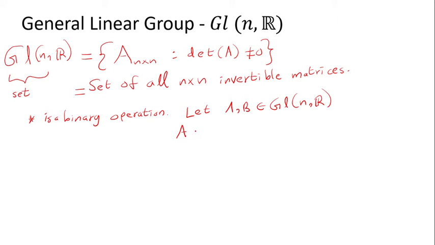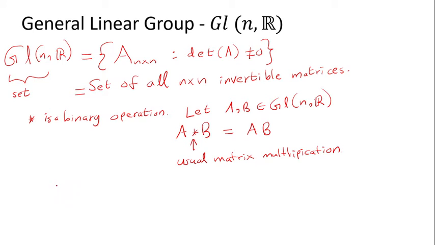Then I will define this binary operation in this manner: A star B equals AB. So this binary operation would be usual matrix multiplication. I think that is clear for you. So let's find out why this is a binary operation.